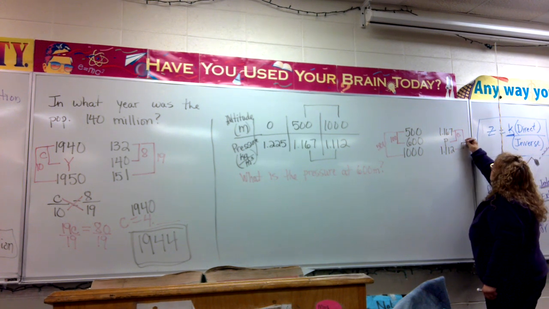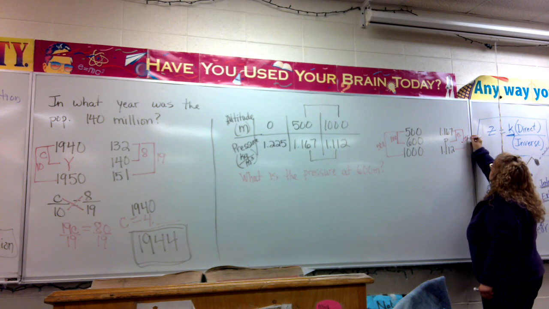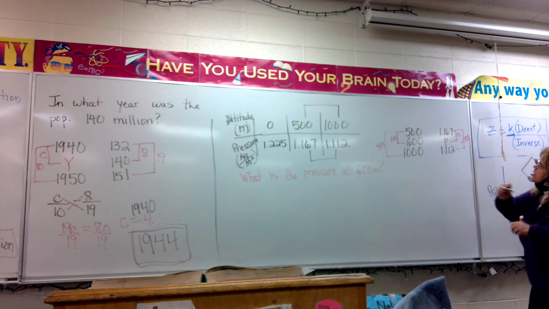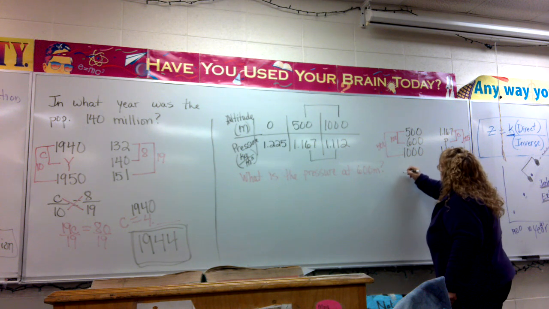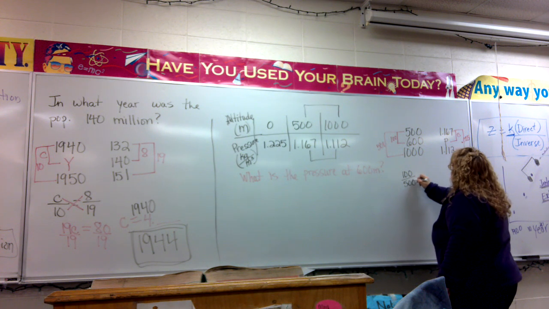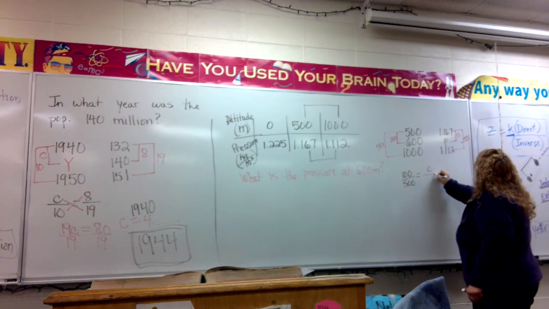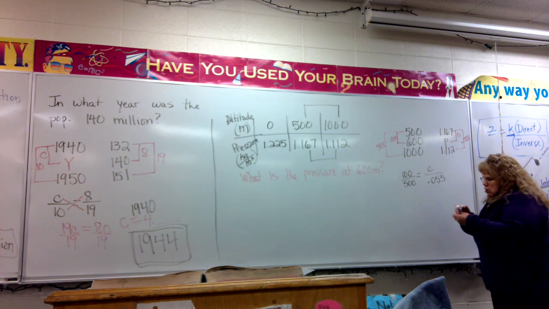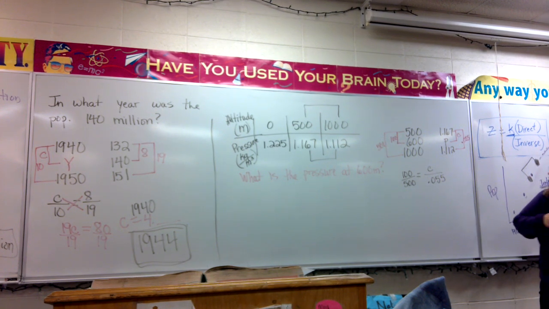Let's see. 0.055, I think, right? So again, we're just going to do little over big, 100 over 500 equals little over big. Cross multiply, that's not too hard.